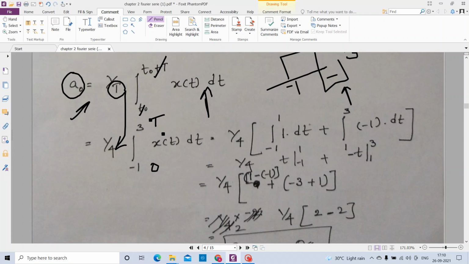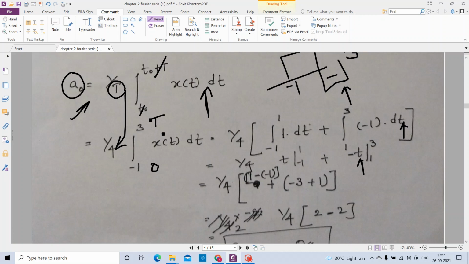Integrate these two terms. You know the integral of 1 is t, so t from minus 1 to 1, plus this one is minus t, because the integral of minus 1 is minus t, as we are integrating with respect to dt. The lower limit is 1 and the upper limit is 3.